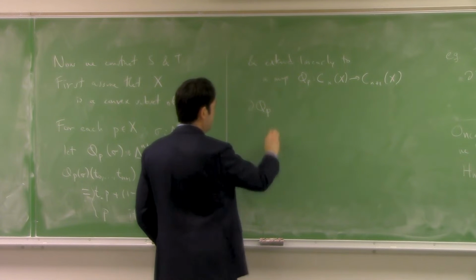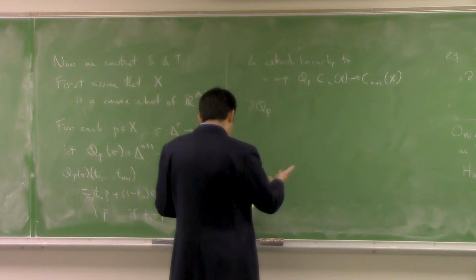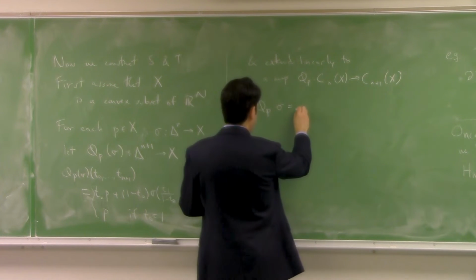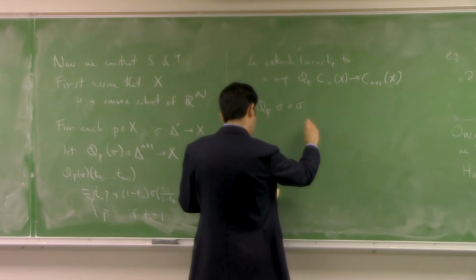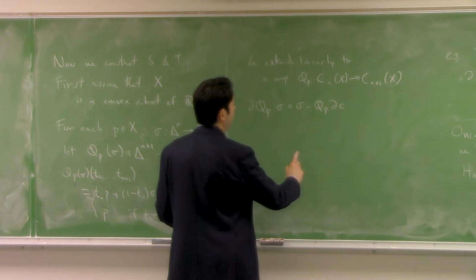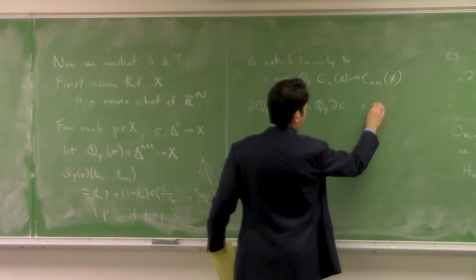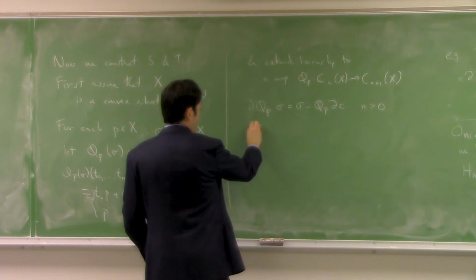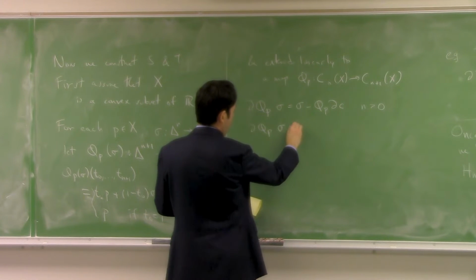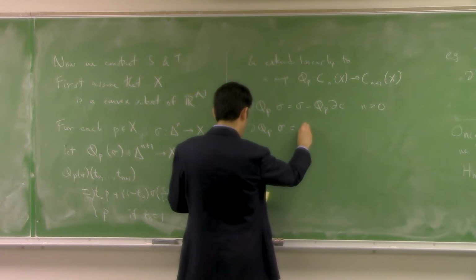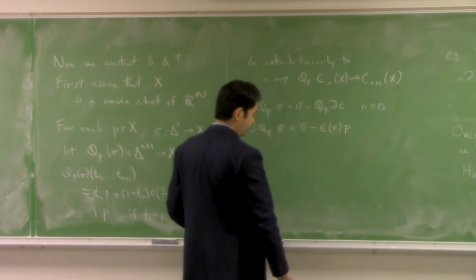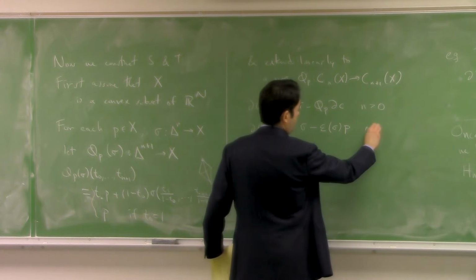Okay, so now an easy computation shows that when you take the boundary of Q_P(sigma), you get sigma minus Q_P of the boundary of sigma if n is positive, and what you get if sigma is a simplex of degree 0 is sigma minus the augmentation map of sigma times P if n is equal to 0.